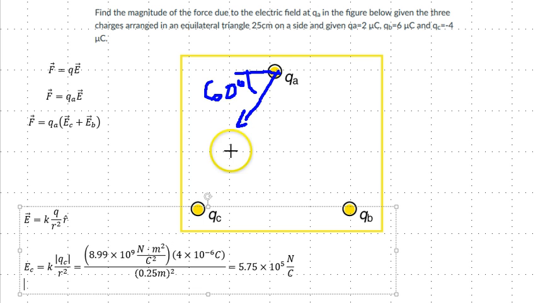The x component is going to be minus this magnitude times the cosine of 60 degrees, because the x component points in the negative direction. The y component is going to be negative this magnitude times the sine of 60 degrees. So that breaks this vector into its two components.